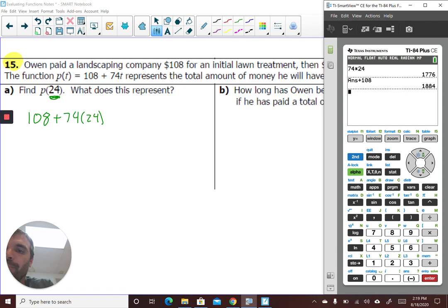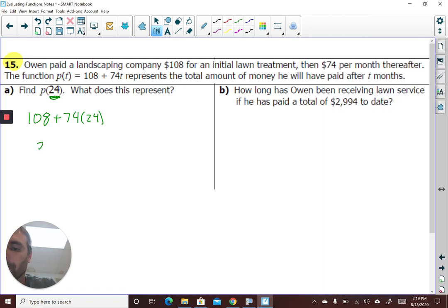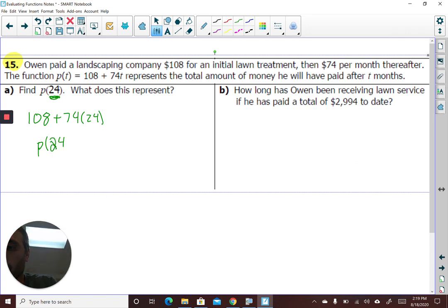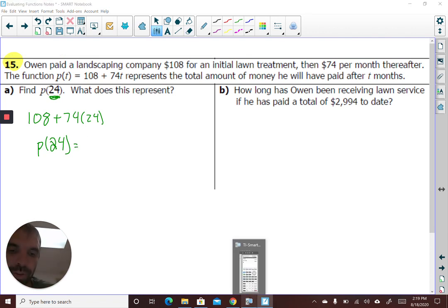So we get that p of 24 is equal to 1,884.